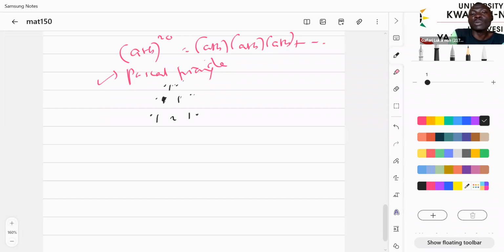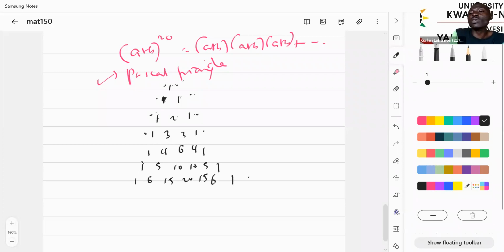To obtain another one, still put 0 here. This will be 0 plus 1, 1; 1 plus 2, 3; 2 plus 1, 3; 1 plus 0, 1. To obtain another one, put 0 here, 0 plus 1, 1, 4, 6, 4, 1. Again, this will be what? 1, 5, 10, 10, 5, 1. Again, this will also give me what? 1, 6, 15, 20, 15, 6, 1.